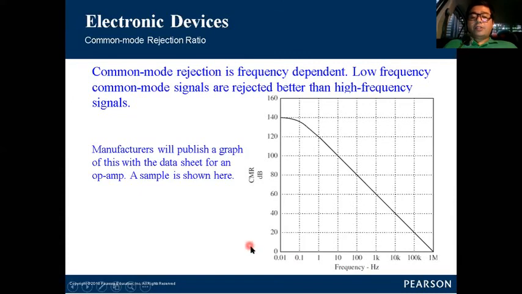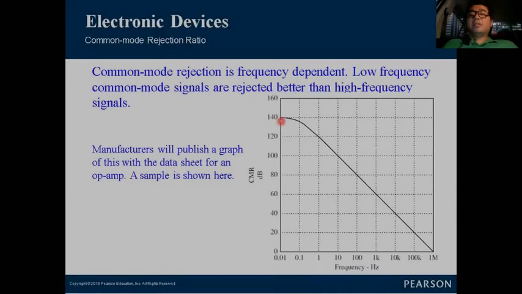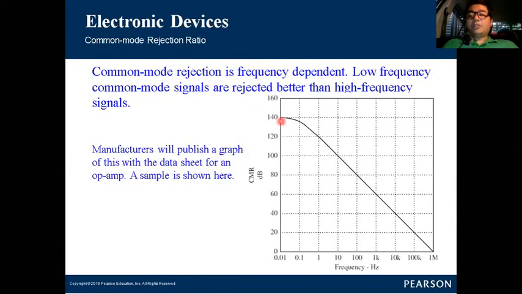So as you noticed here, for example, you have a frequency of 0.01 hertz. The CMRR is 140. So it means that maganda yung pagkaka-reject ng noise natin and maganda yung pagkaka-amplify ng signal natin for this particular type of op-amp at this particular frequency. Halimbawa, nag-increase na yung ating frequency to, for example, 1 kilohertz.